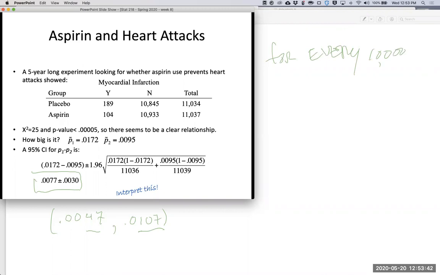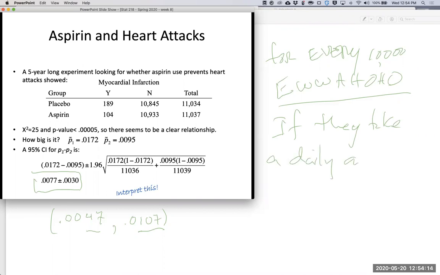So for every 10,000 individuals, and I should say elderly women with a history of heart disease, if they take a daily aspirin, and that's on the order of 75 to 100 milligrams.